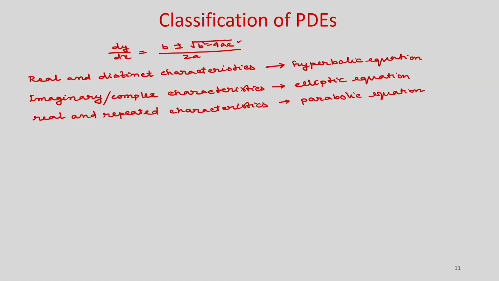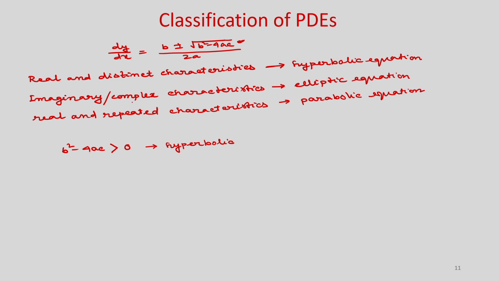Just look at this discriminant b square minus 4 ac. If b square minus 4 ac is greater than 0, then only you will get real and distinct characteristics. That means, for this second order PD, as we have already discussed, it will be hyperbolic.